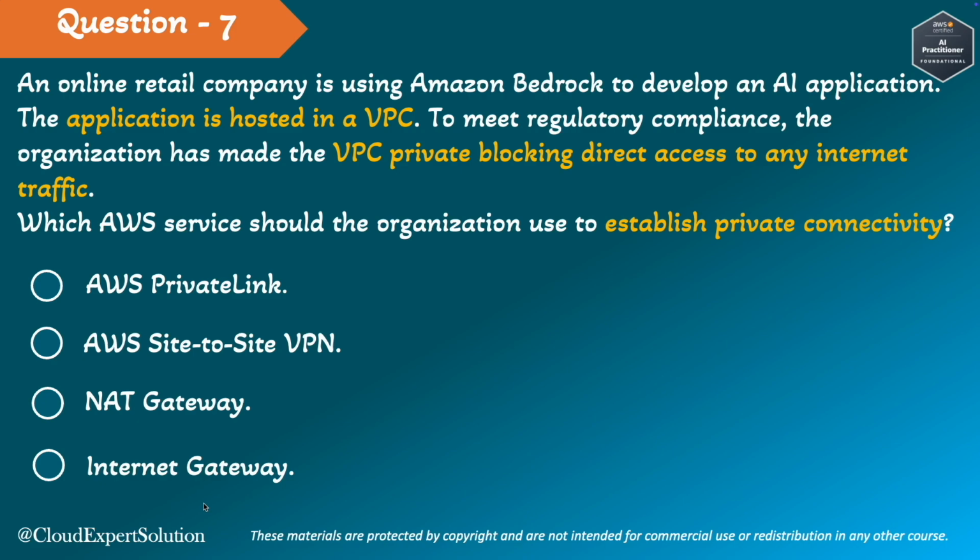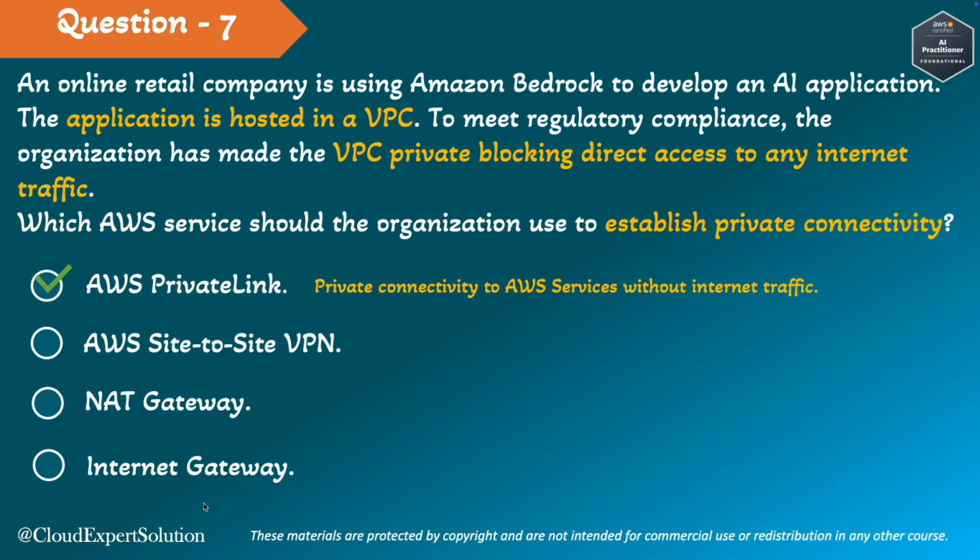But let's review the options one by one. The first option is saying AWS PrivateLink. AWS PrivateLink ensures private connectivity to AWS services without internet traffic, and that meets the regulatory compliance standard. Hence option 1 is potentially correct for us. Let's review other options.